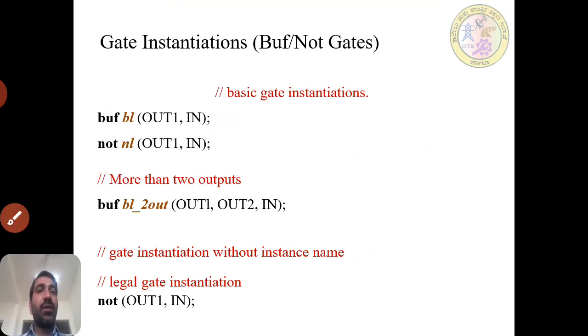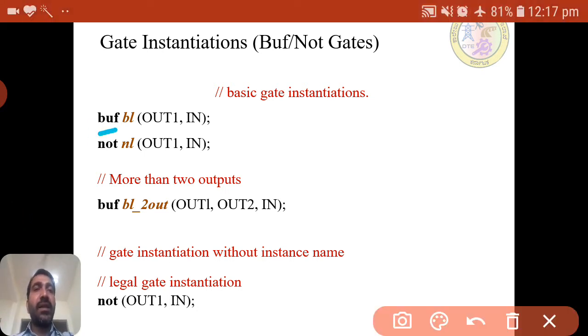And how do we use the buffer and NOT gate in code? For the buffer, the keyword is buf, b1 is the instance name, and as I told you, the first one is the output name and the second is the input. Similarly, not is a gate primitive, n1 is the instance name, with the output and then the input.